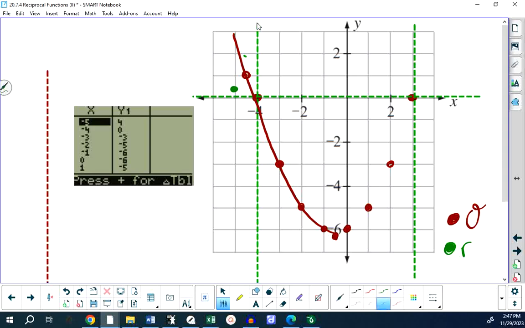So now we can kind of get a better picture of what it looks like. I don't think we need to repeat the process over here. It's going to look something like that. In here, in between, this will be a point, and this will be a point.